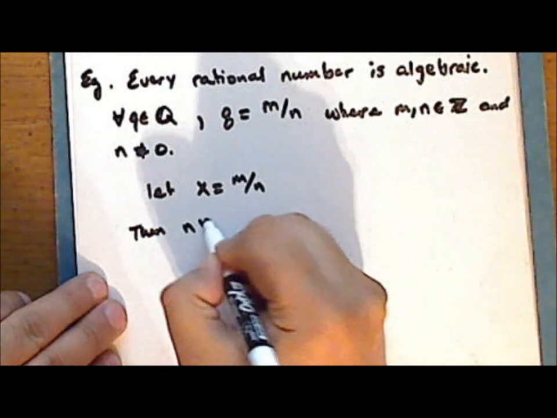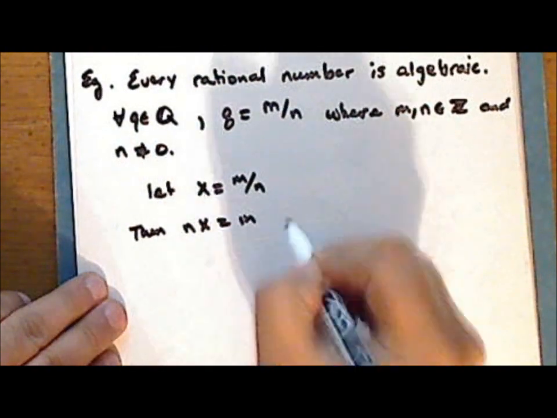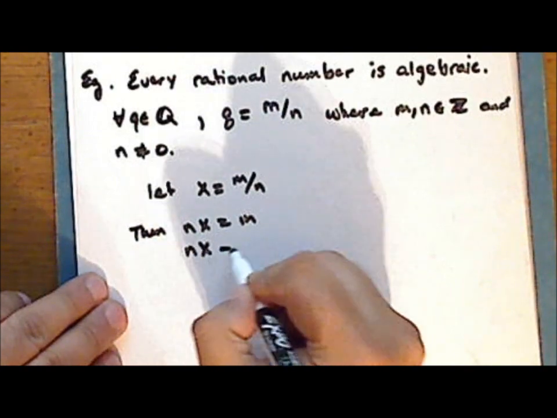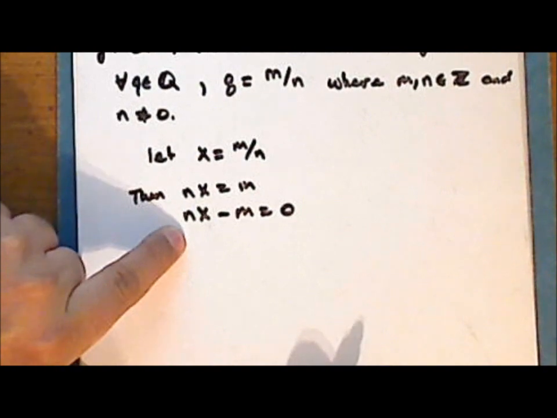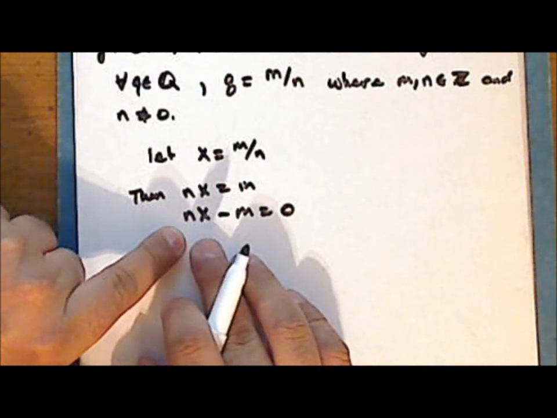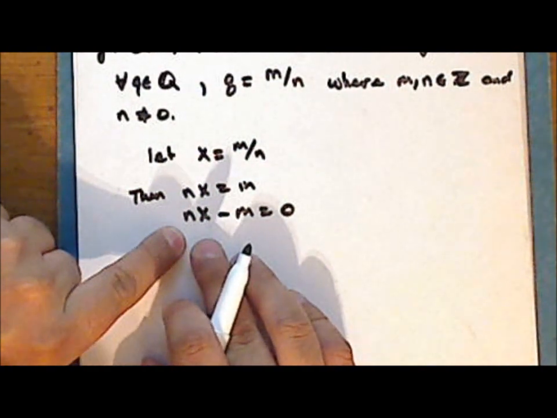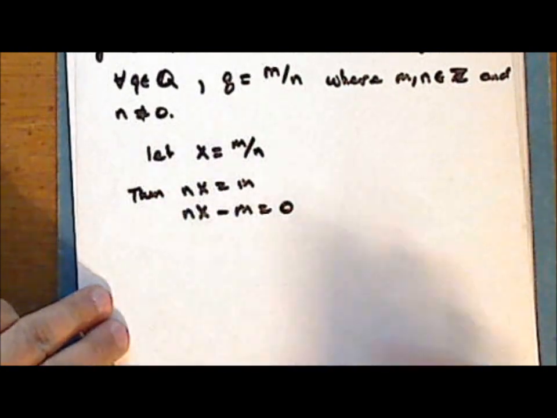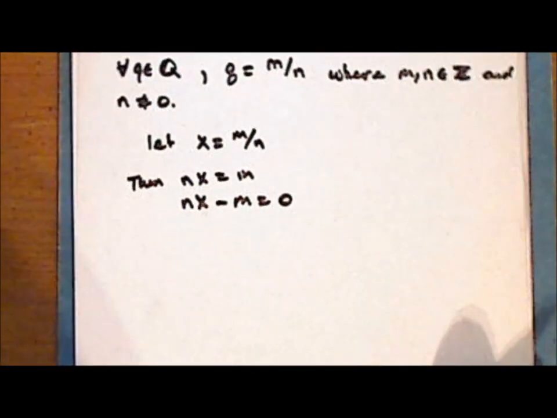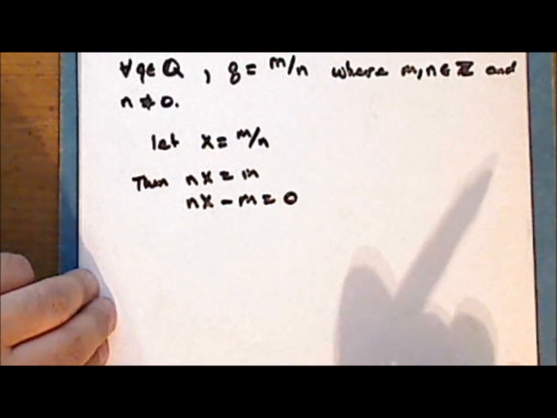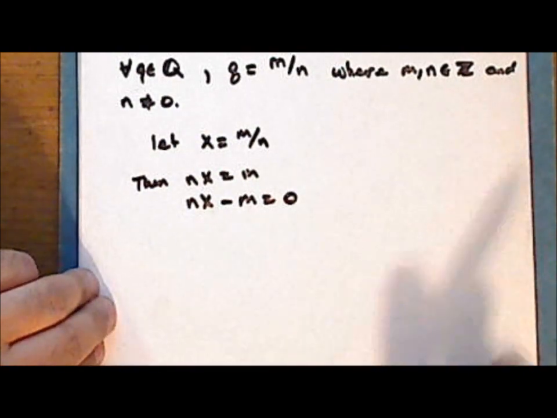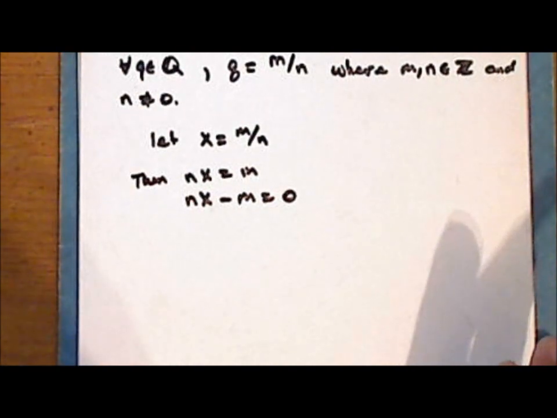Then n times x equals m. n times x minus m is equal to 0. And again, this number n is not 0, and so we have a very simple polynomial equation with integer coefficients. And as this number x is the solution of this polynomial, this linear equation, it is an algebraic number.